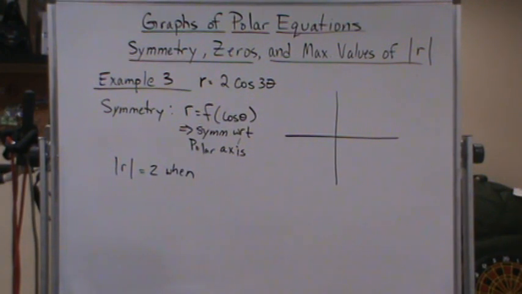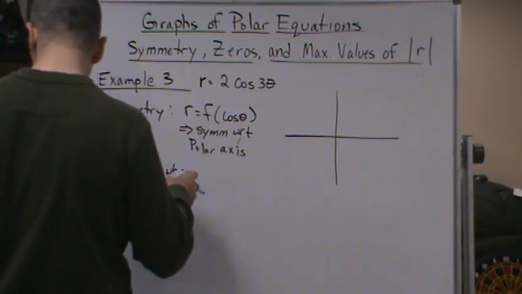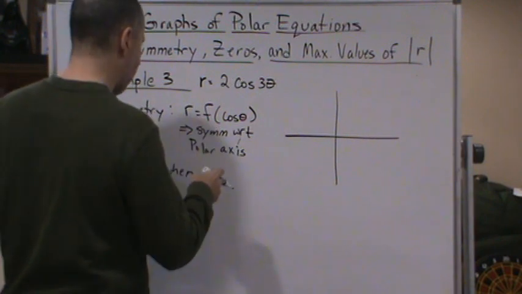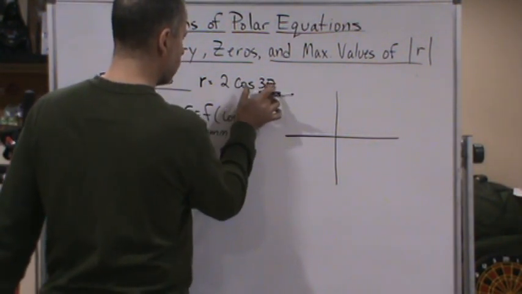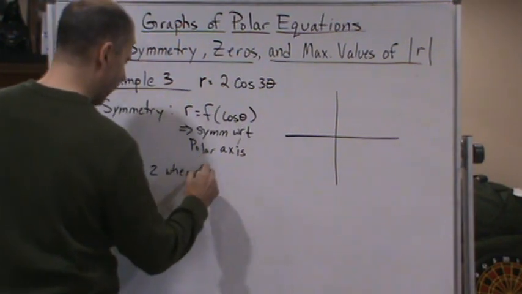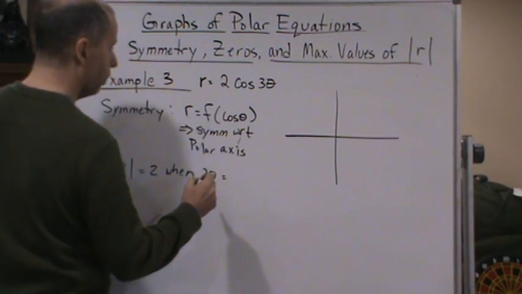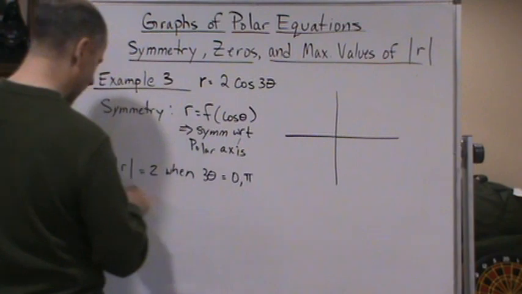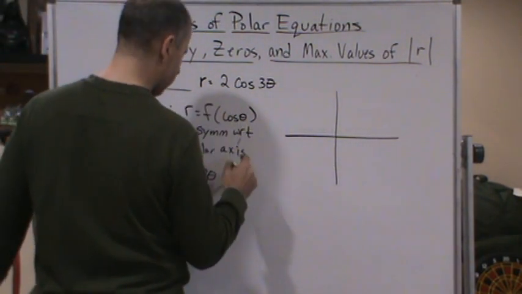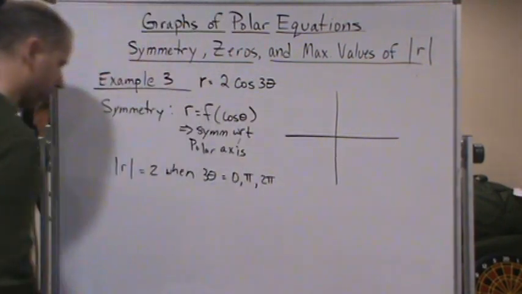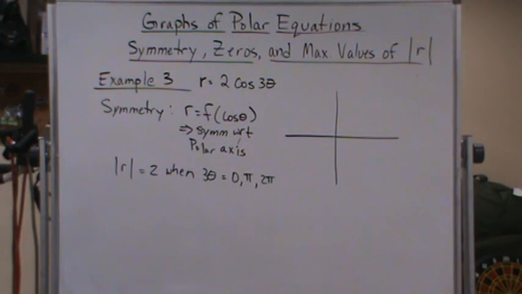Well, when cosine is 1, right? So that means when 3 theta, so cosine is 1 when 3 theta is equal to what? 0, pi, because absolute value of r, so pi, 2 pi, and so on.